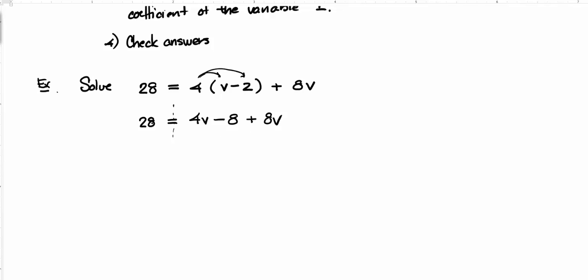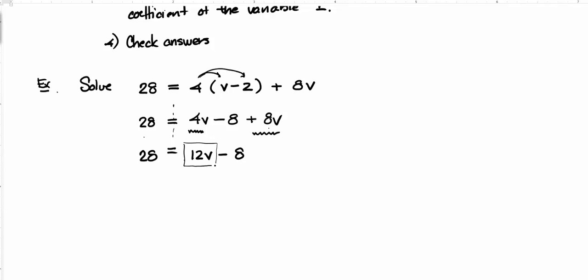So I can't simplify anything on the left side, but I certainly can on the right side, right? I have a 4v plus an 8v. So that gives me 12v minus 8, and I have 28 on the other side. Well, I'm almost there, right? So now on my right-hand side, I have one term that has my variable in it.